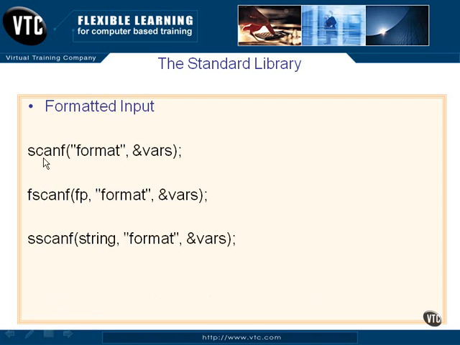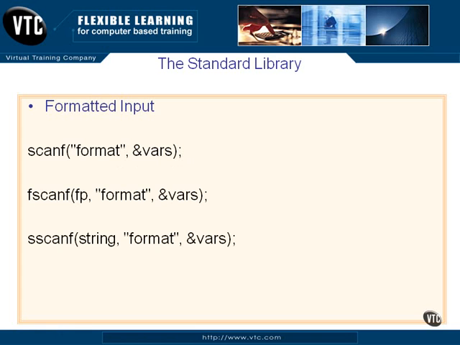Formatted input, we saw scanf, and scanf takes a format string, %s, %d, so on, whatever it's going to be reading in from standard in, and it assigns the replacement values that it's reading in into these variables. Now, I put an ampersand here because these all have to be pointers. We have to provide pointers, addresses of the variables, not just the variables themselves, because those would be the values of the variables.